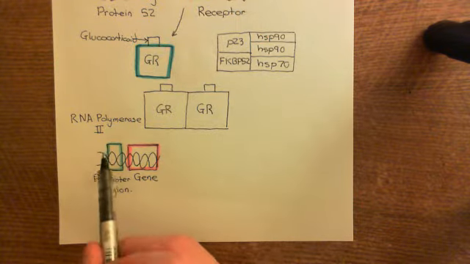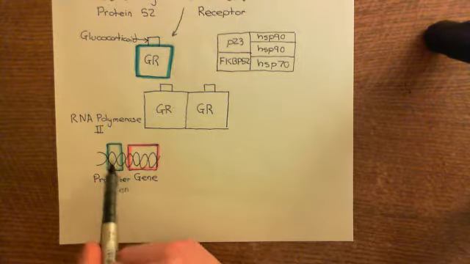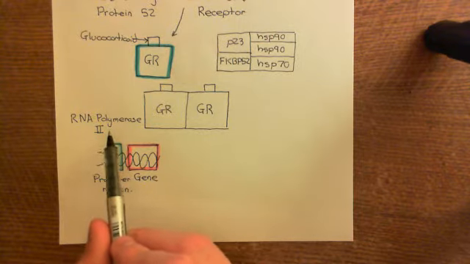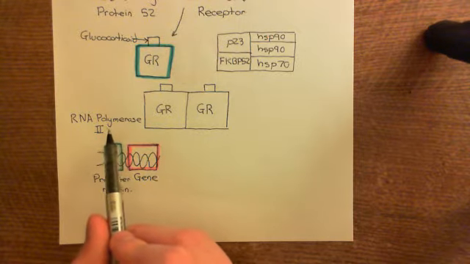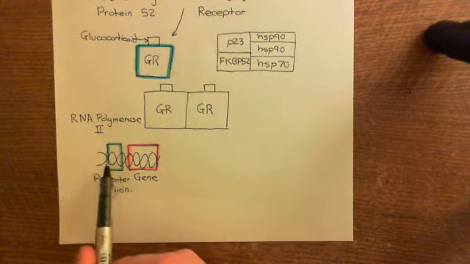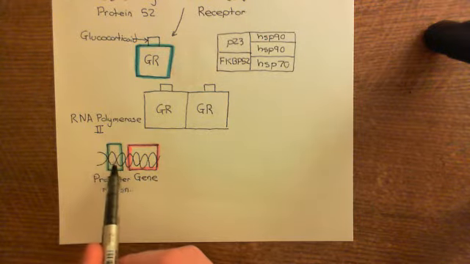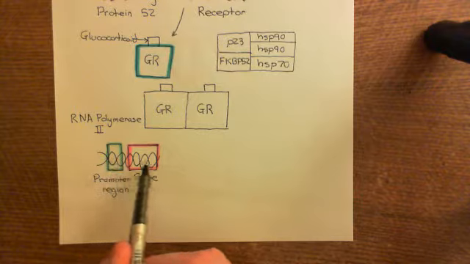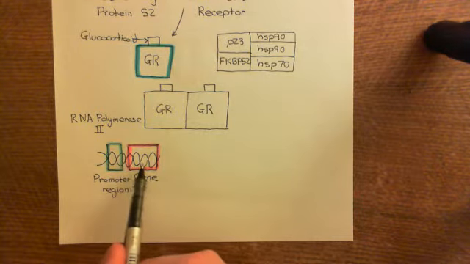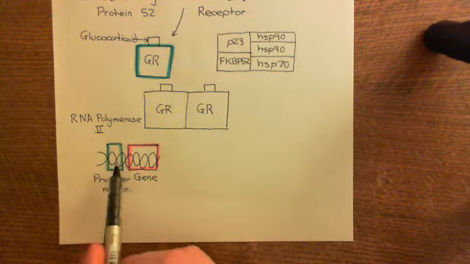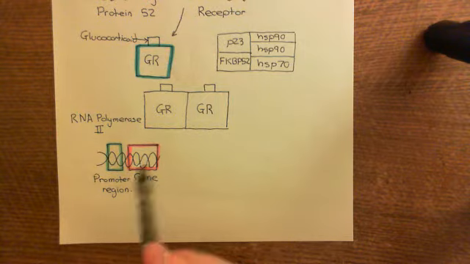So the affinity of this promoter region for binding to RNA polymerase controls how often RNA polymerase type 2 will bind to this promoter region, and therefore how much transcription of the gene you're going to get. So the promoter region does control the expression of this gene.